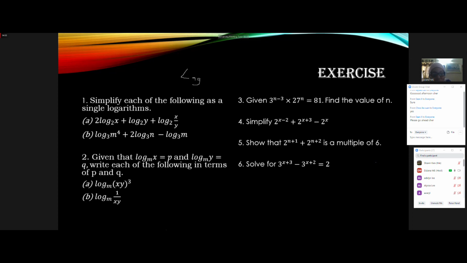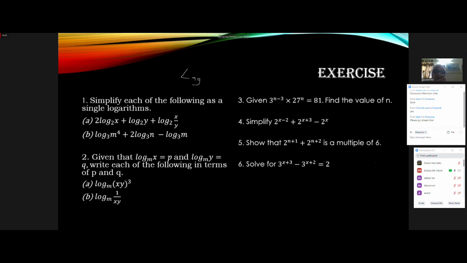Before you simplify, all the numbers in front of the log, let's say you have 2 here, you have to bring up, yeah? 2 log 2x plus log 2y plus log 2x over y.